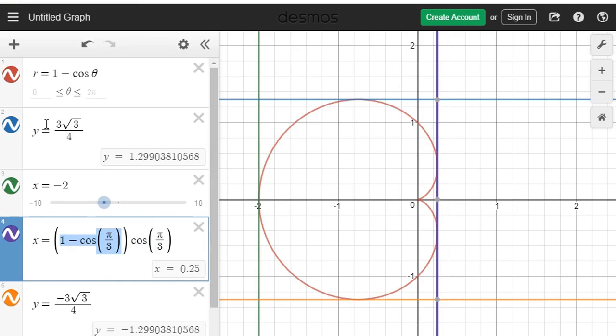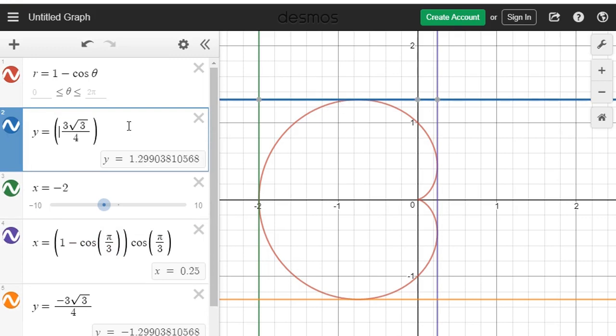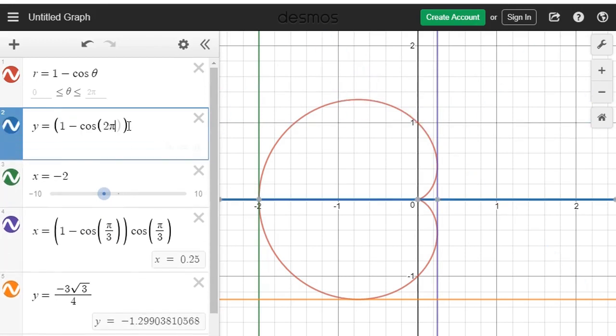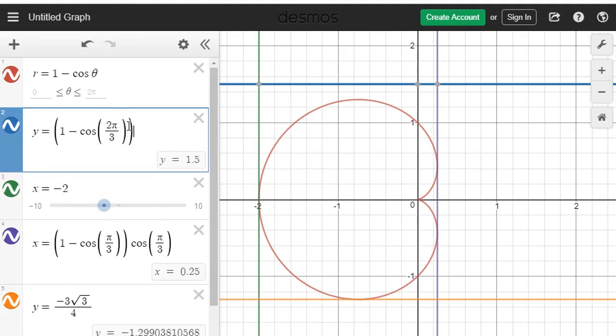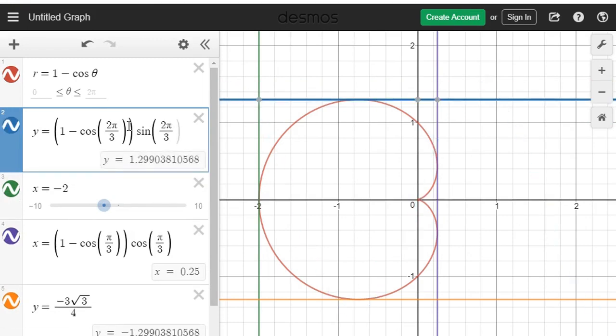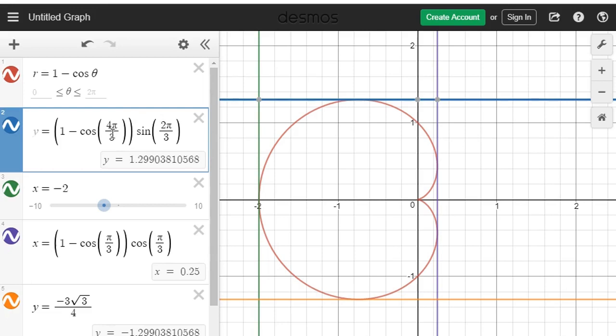Y, instead of writing 3 root 3 over 4, which is exactly where this is, I could have written it as R, which is 1 minus cosine of theta, and remember, one of my thetas was 2 pi over 3, times sine of theta, 2 pi over 3. And so I end up getting the exact same thing, which is 3 root 3 over 4. I could do the same thing with 4 pi over 3, and I'll end up with the tangent line that is on the bottom. So that's how writing them in rectangular works.